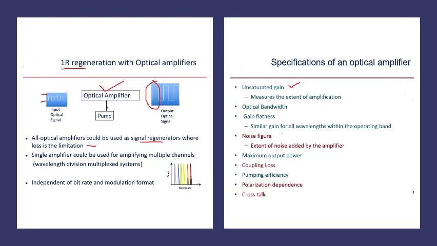As the pumping efficiency increases, the gain of an amplifier increases. So pumping efficiency is directly proportional to the gain. Whereas the polarization dependence and crosstalk of an optical amplifier should be minimum. So these are all the parameters which we see while selecting an amplifier.